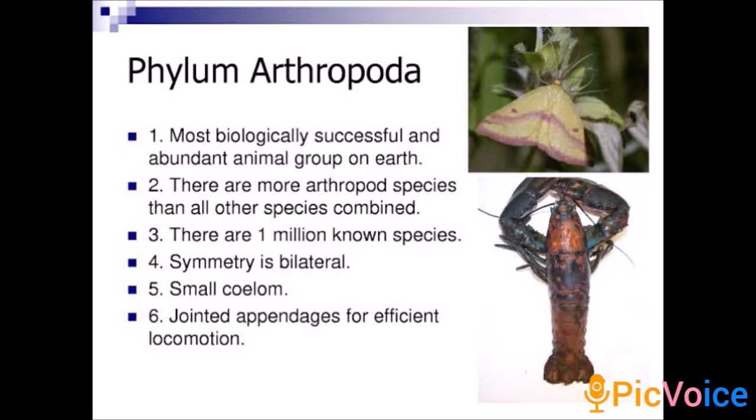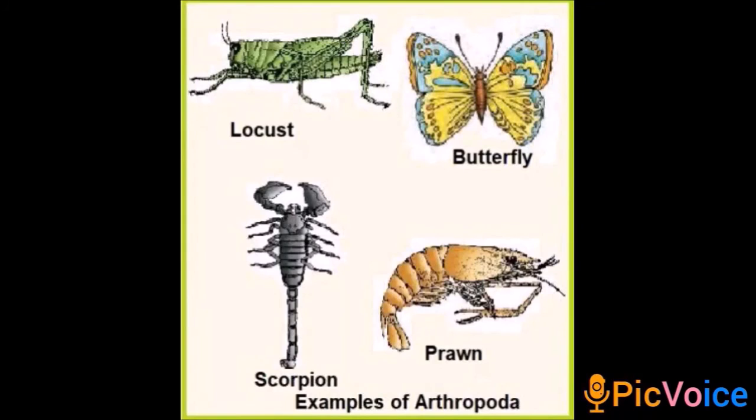The respiratory organs are gills, book lungs, and tracheal system. The circulatory system is open type, and sensory organs are antennae and eyes, and balance organs are also present. For excretion, Malpighian tubules are present.